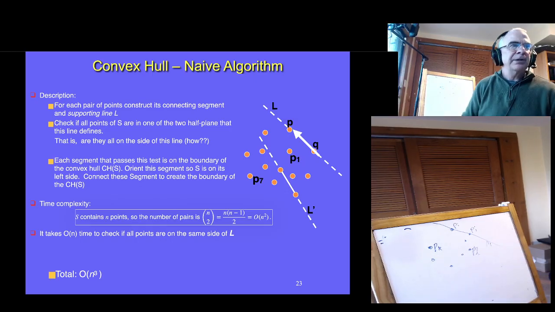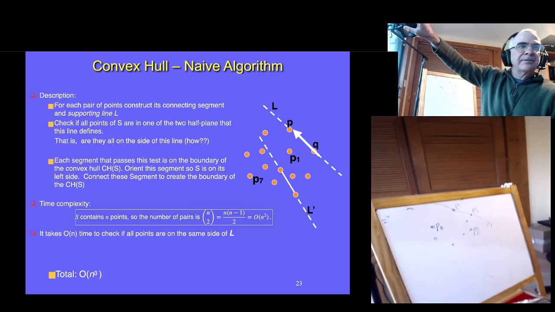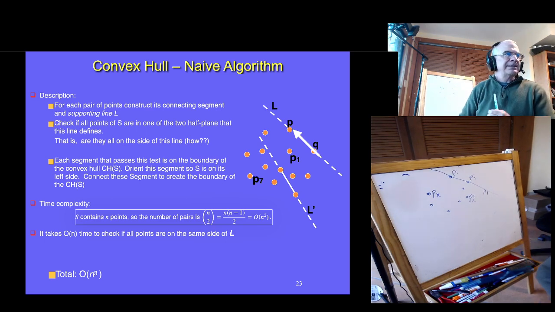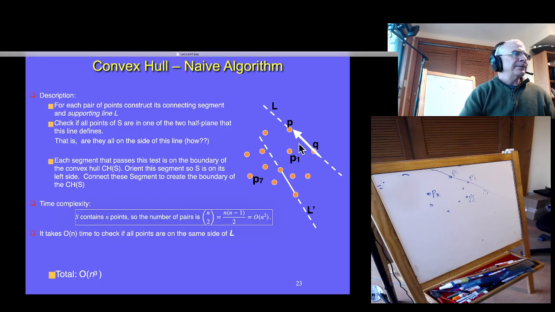These will be the only lines that I have to check. It is only this discrete set, and that would be my starting point of the algorithm.